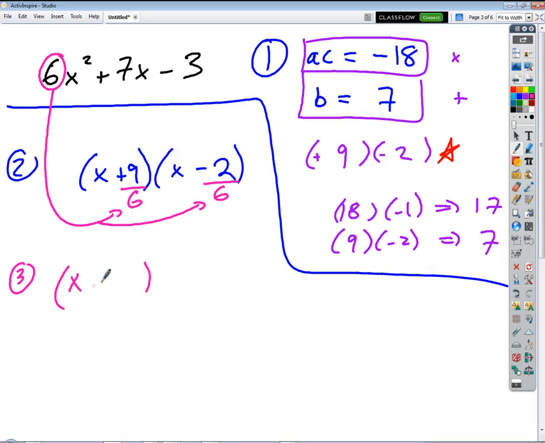I get x plus, what is 9 over 6 reduced to? What's the biggest number that divides into both 9 and 6? 3. 3 goes into 9 how many times? 3 goes into 6 how many times? Okay, makes sense? What's the biggest number that goes into 2 and 6? 2. 2 goes into 2 once, goes into 6 3 times, right?